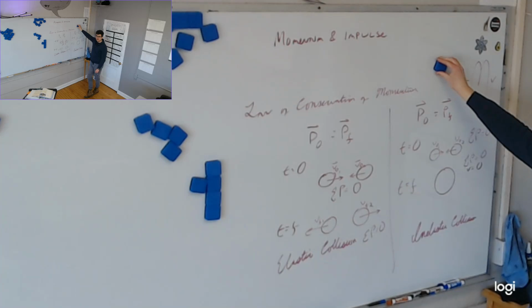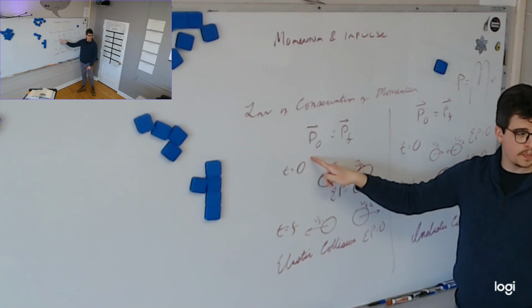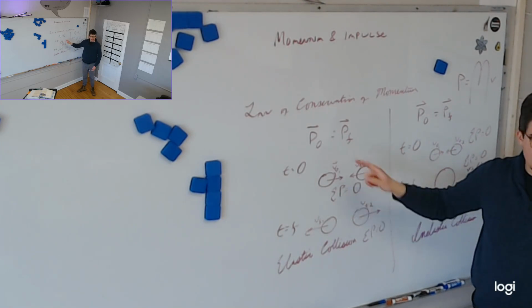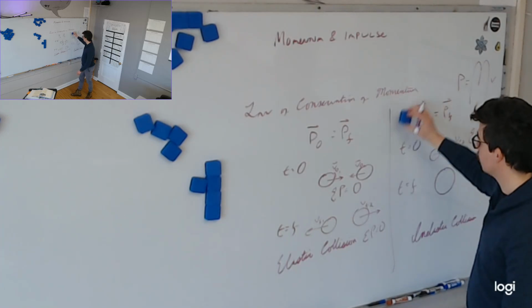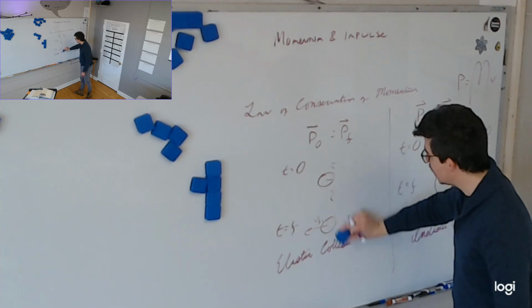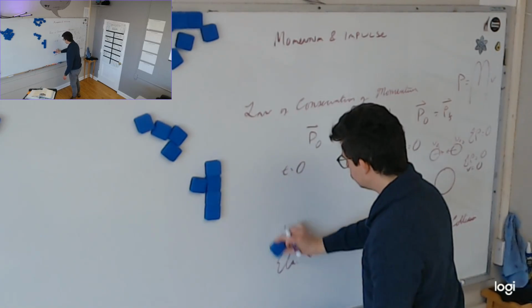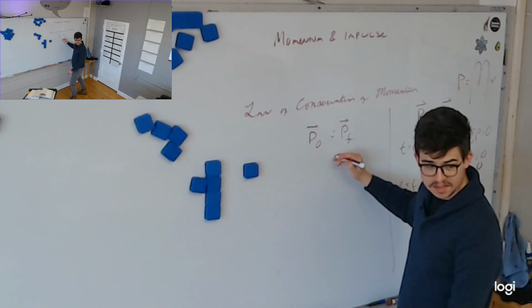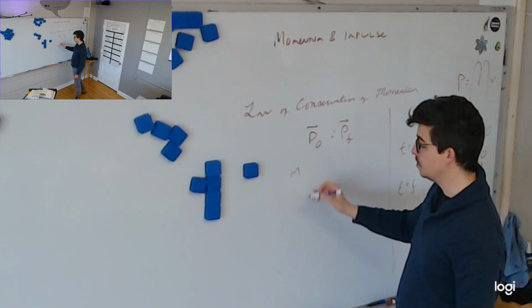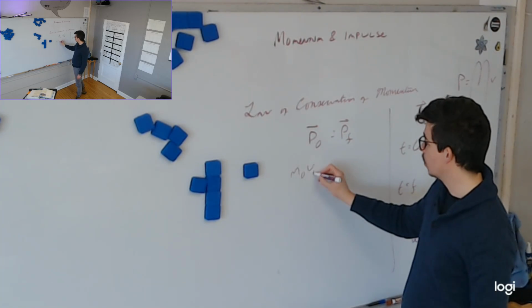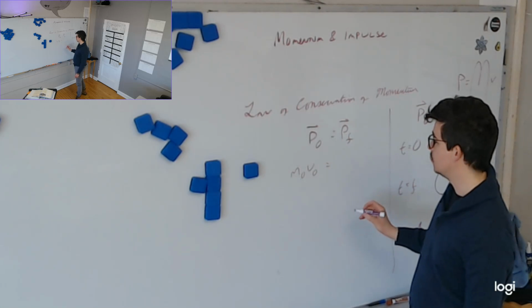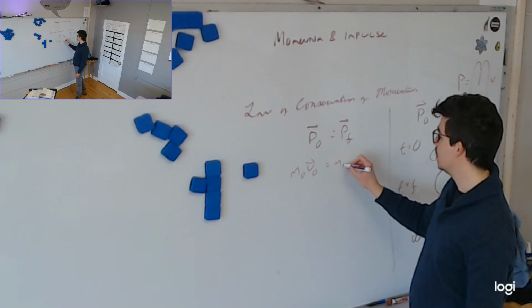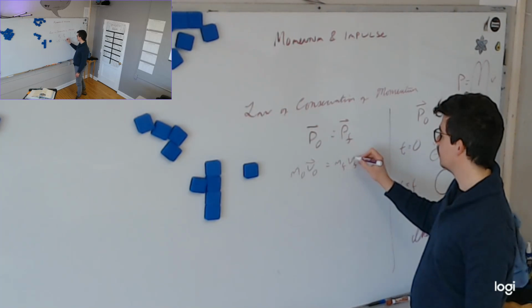So we're all about p naught equals p f, but usually we actually have to write it this way, because this doesn't change. The only things that do change are the things that make it up. So usually we're more about m sub naught times v sub naught equals m sub f times v sub f.